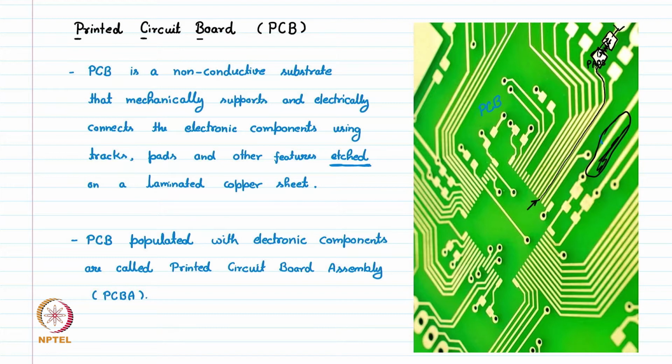So once we put all the components together, we call it PCB assembly. Now let's see what are the different types of PCBs.